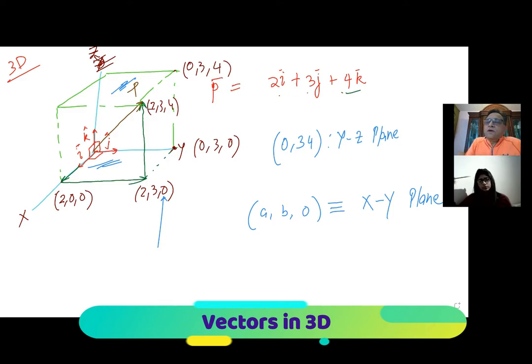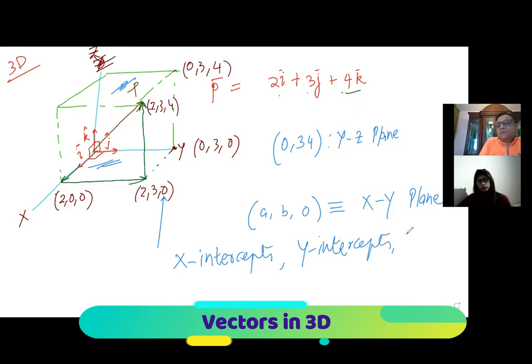And that also gives you one more thing. It is to find the X, Y, and Z intercepts. So when I say find the X intercept, it means both Y and Z are 0, right? The Y intercept will be 0, B, 0.